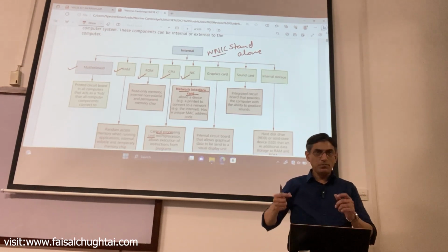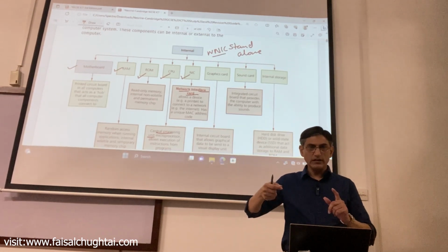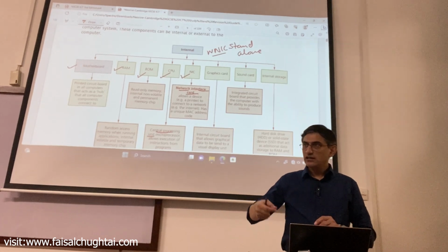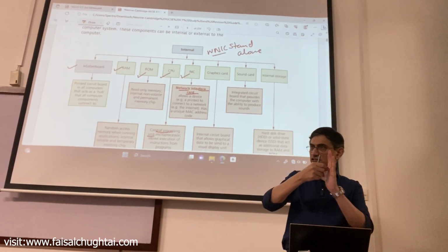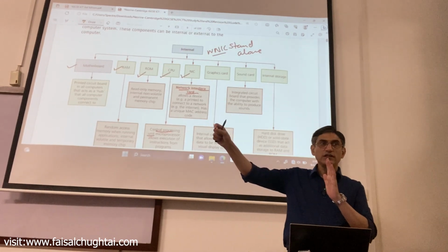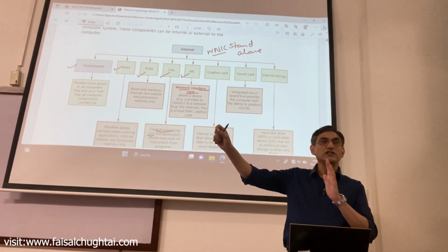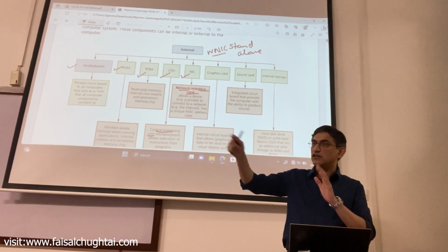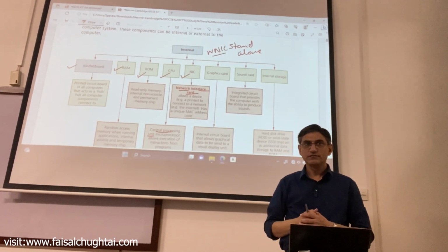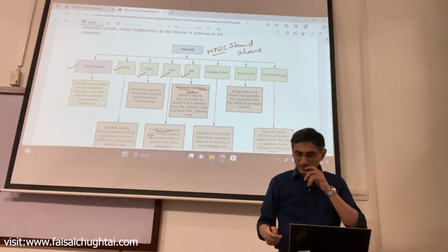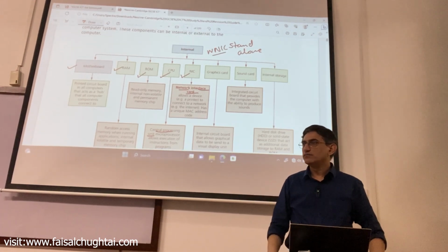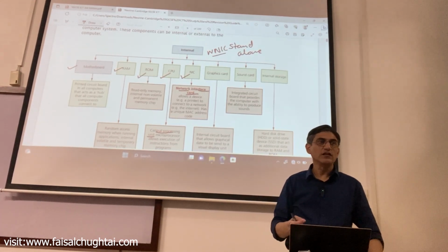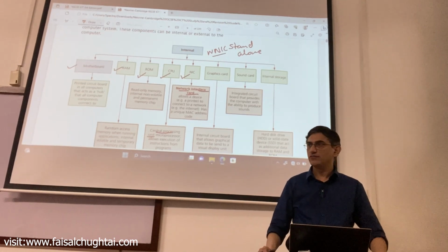When I plug in that wire, one end is connected to the NIC, and the other end is connected to the NIC of the other device in the network that we want to connect with. Are you getting what I'm saying? So this is a wired way of connectivity, using a physical wire to connect your computer to the network.